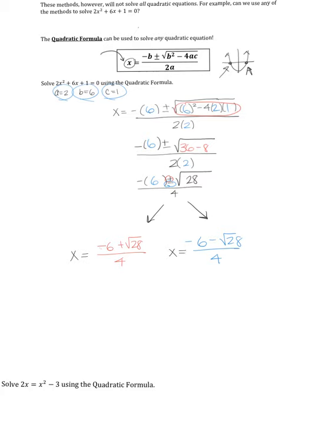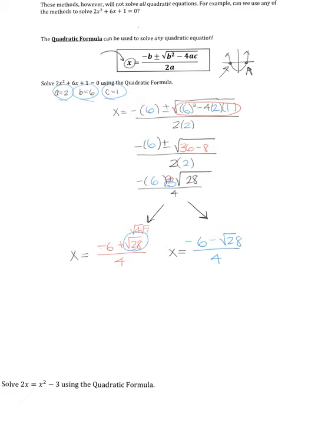To simplify, we are going to start by rewriting the square root term. The square root term is divisible by a perfect square, which is 4. So we're going to rewrite the square root of 28 as the square root of 4 times the square root of 7.